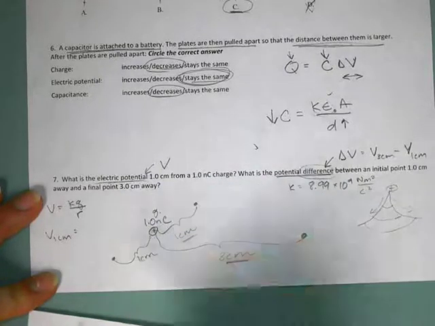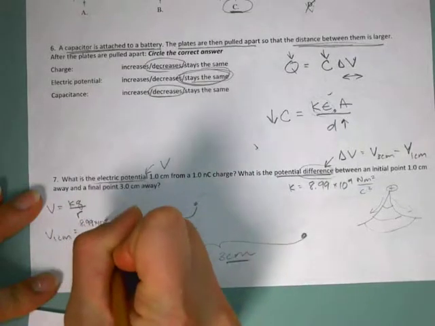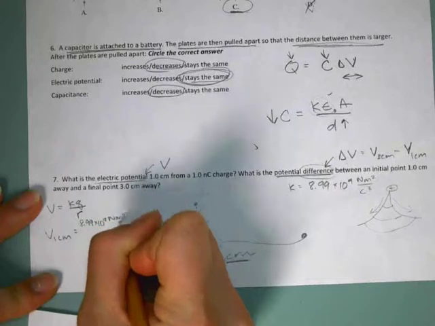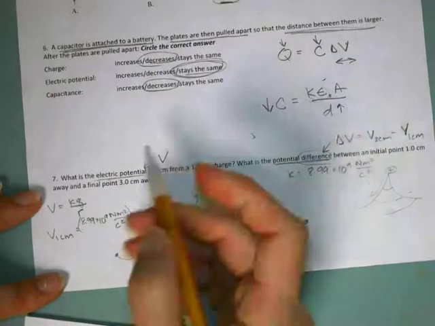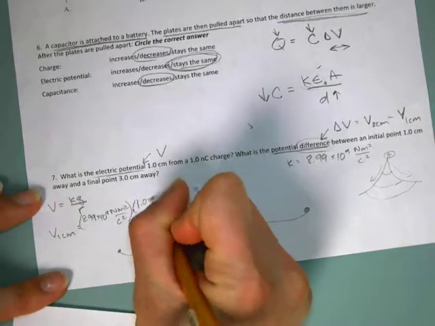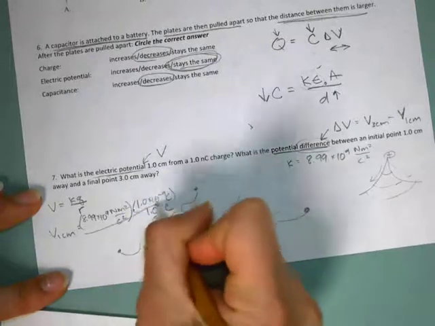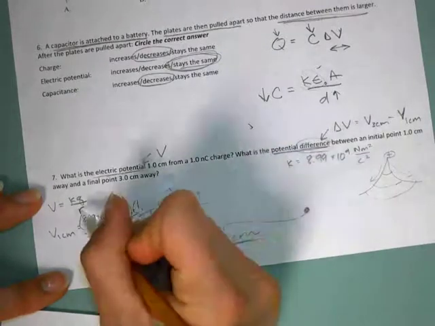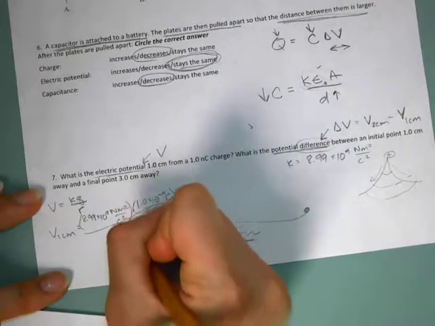Or really anything that was a whole circle 1 centimeter away, is going to be 8.99 times 10 to the 9th Newton meter squared per coulomb squared times Q, which is 1.0 times 10 to the negative 9th coulombs. Make sure you get them into metric units here. And then we'll divide by r, and r needs to be in metric as well, so 1 centimeter away is 0.01 meters.